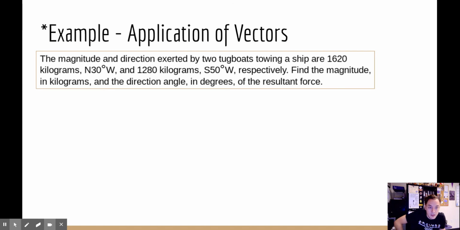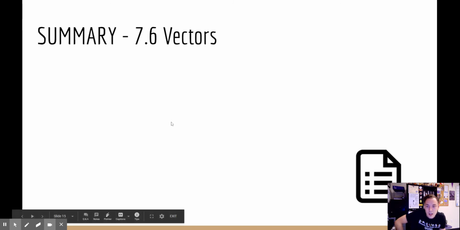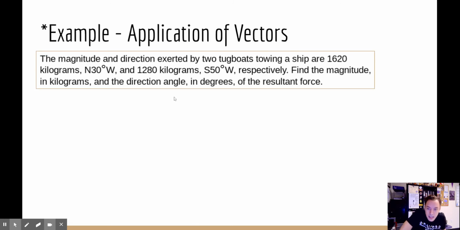The magnitude and direction exerted by two tugboats towing a ship are 1,620 kilograms at a bearing of north 30 degrees west, and 1,280 kilograms on a bearing south 50 degrees west, respectively.